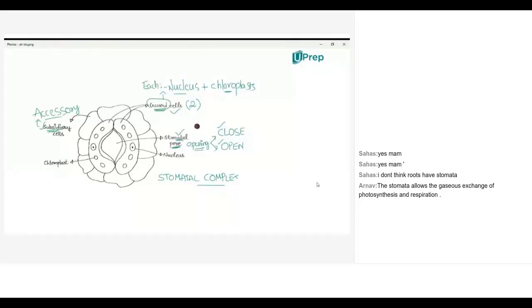Suppose the plant wants to take carbon dioxide for photosynthesis from the outside environment, or the plant wants to take sunlight. How does this sunlight or carbon dioxide get inside the cell? Only through the stomata, through the pores.